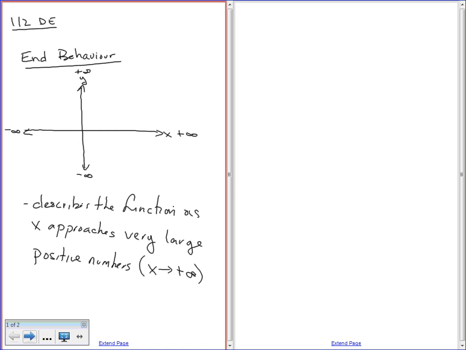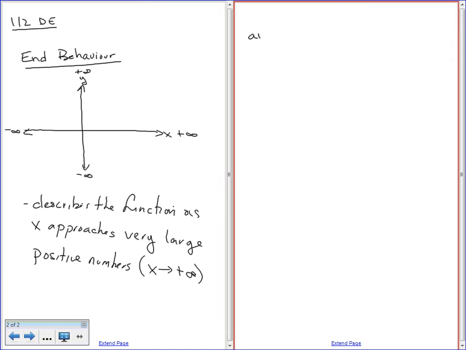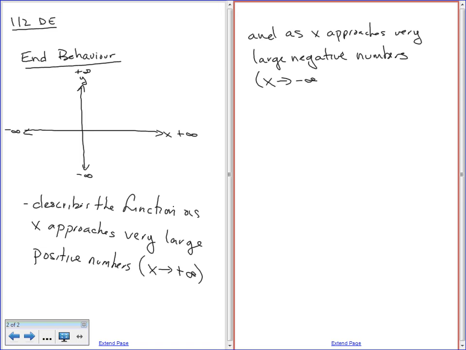And also as x approaches very large negative numbers. So that is as x approaches very large negative numbers, or x approaches negative infinity.